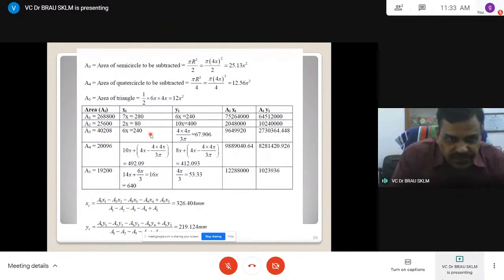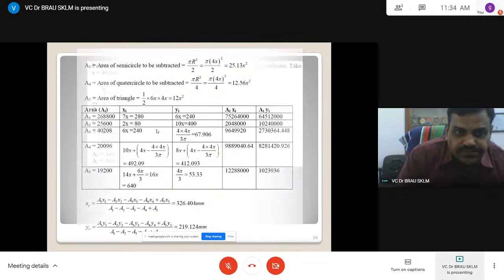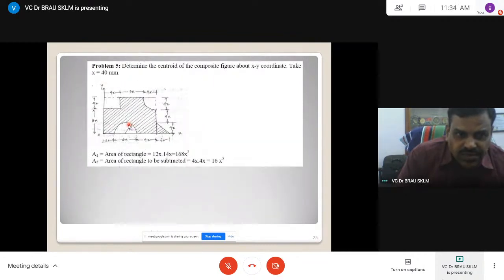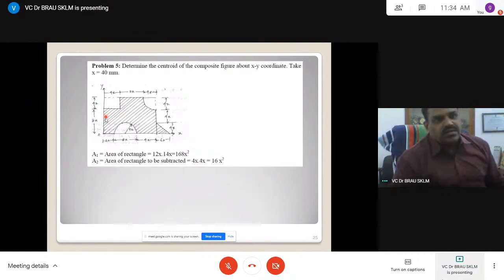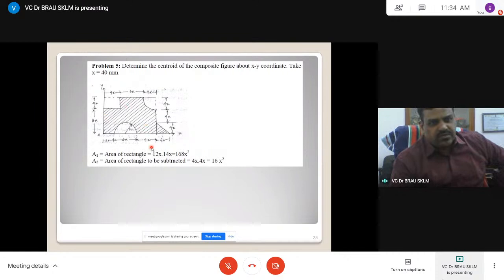Now let us see the A1. A1 is area of rectangle. X coordinate is out of 14x, 7x. Y coordinate 12x, it is 6x. 7x, 6x. Okay. For the total area, now area of rectangle to be subtracted. This is a rectangle. The x coordinate is 2x.